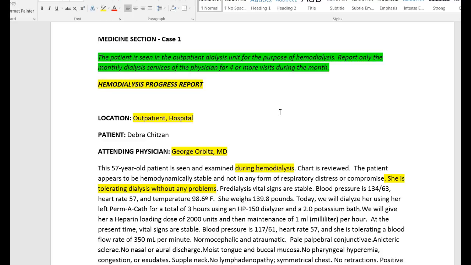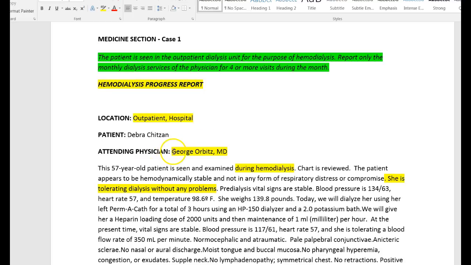Report only the monthly dialysis services of the physician for 4 or more visits during the month. So this is giving us a very distinctive clue that we will only be reporting pretty much one service. We have our location, which is outpatient hospital.